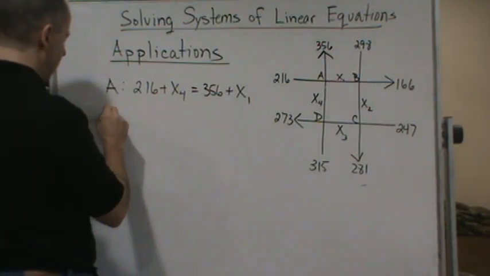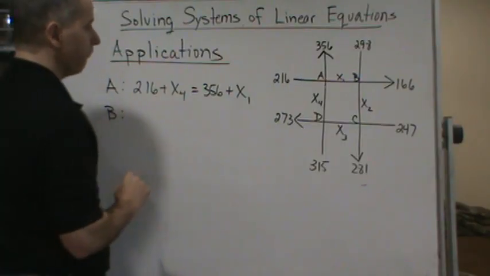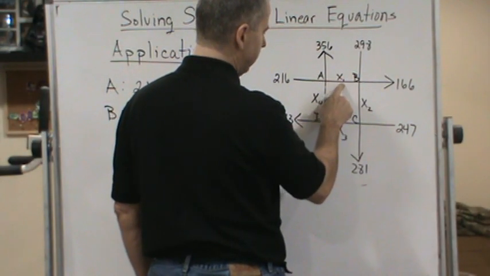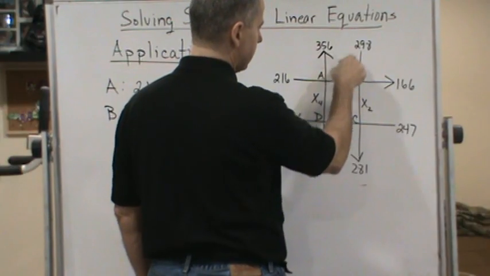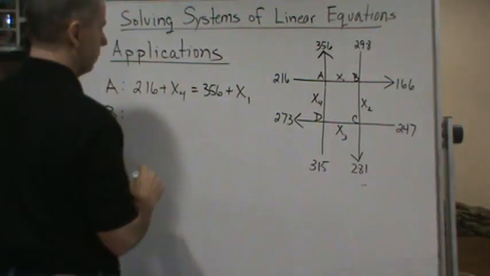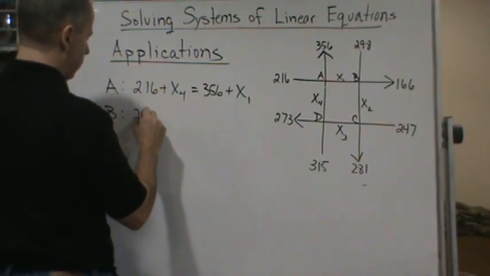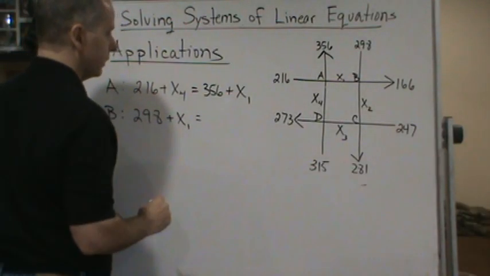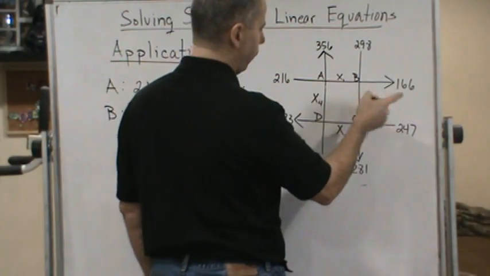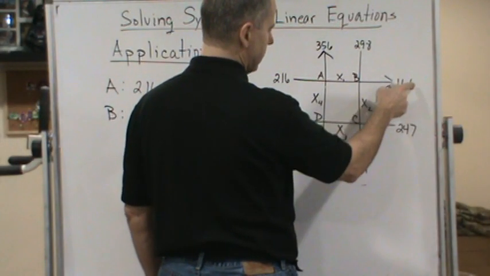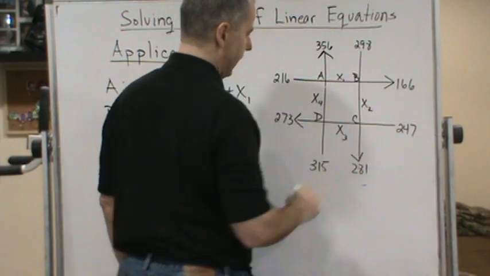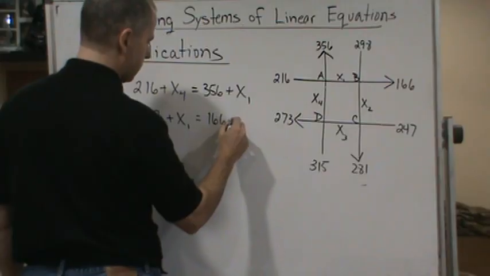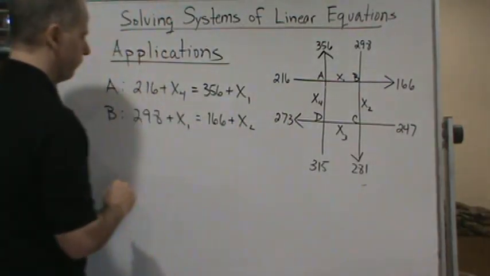So now let's go to intersection B. Now, B in is going to be x1 plus 298. So 298 plus x1 is going to equal the outgoing traffic, which is going to be 166 plus x2.